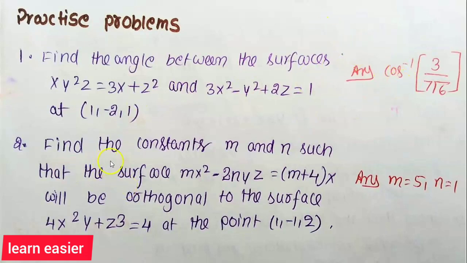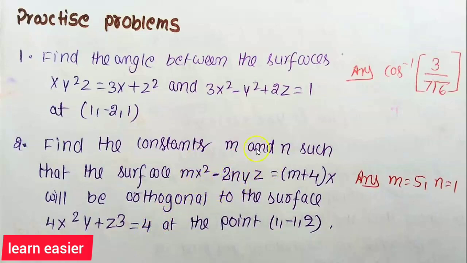And the second problem is you have to find the constants m and n such that the two surfaces, here is one function, will be orthogonal to this surface. Here is the other function at this point. Orthogonal means any two surfaces which intersect orthogonally. What is the condition? n1 dot n2 equals 0. That means the dot product of the normal vectors of these two functions is 0.